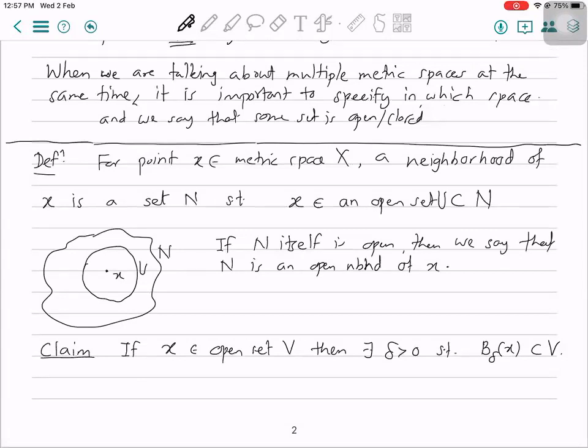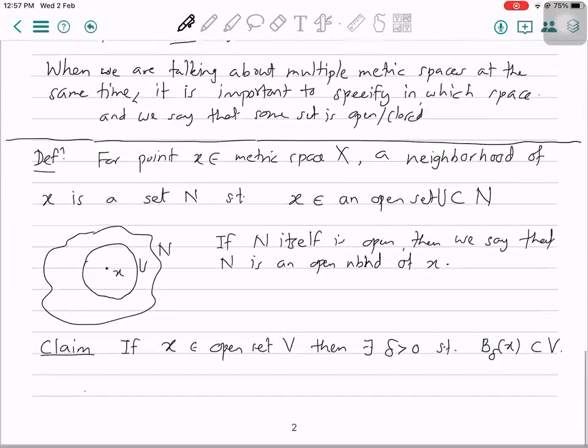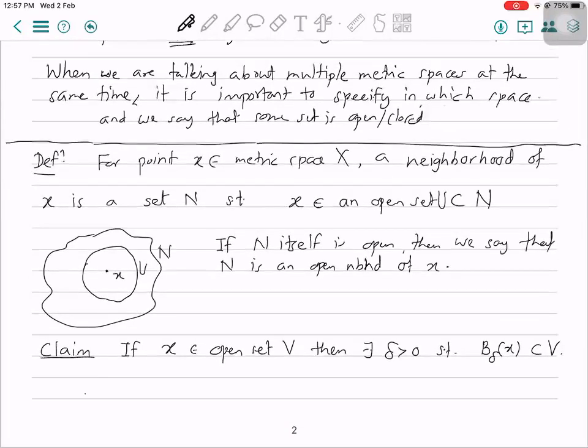So let's draw a little picture here. So this is some set, open set, correct?